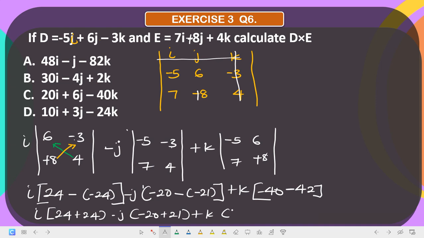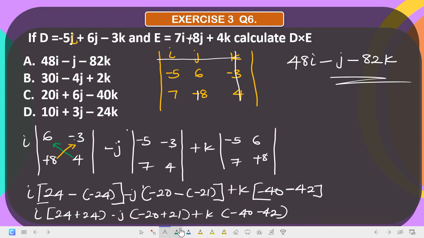And then at the end of the day, you are going to have minus 40 minus 42. Now, 24 plus 24 is 48, times I is 48I. Minus, then you have J, because minus 20 plus 21 is 1, then times minus J is minus J. Then you now have minus 40 minus 42, which is what? Minus 82. So you say minus 82K.